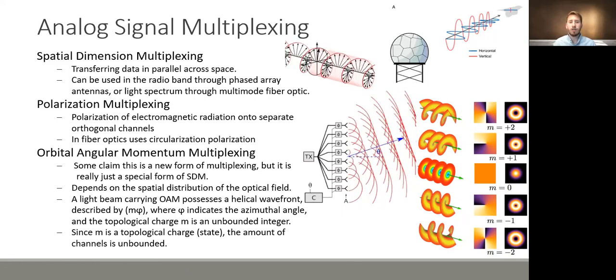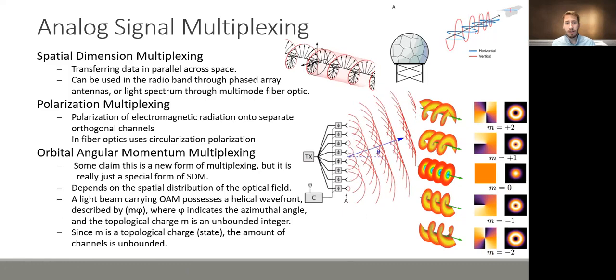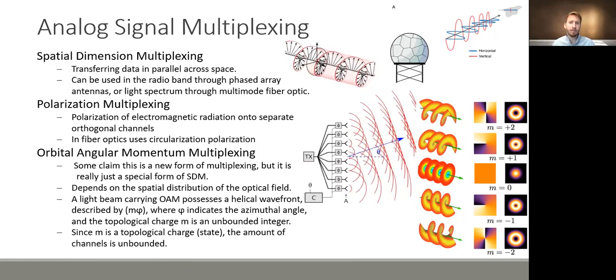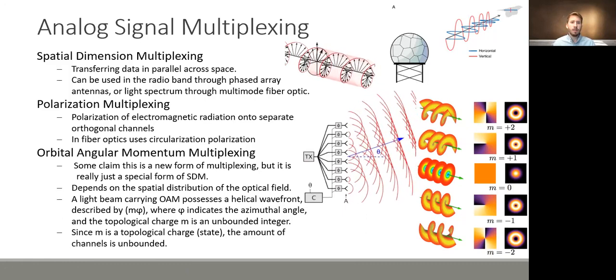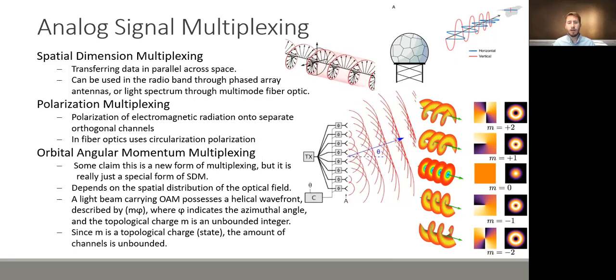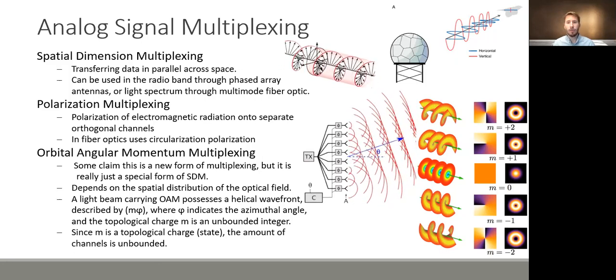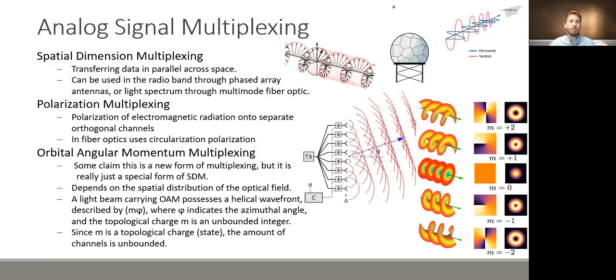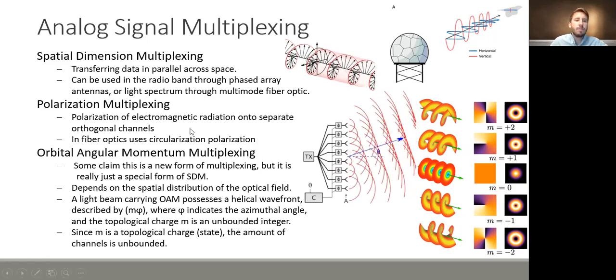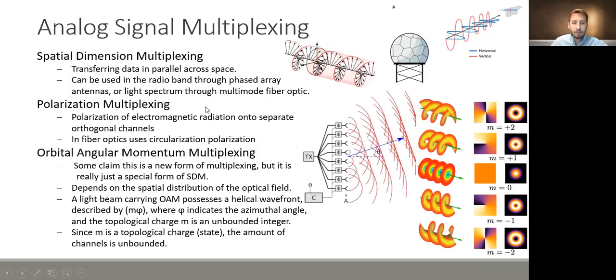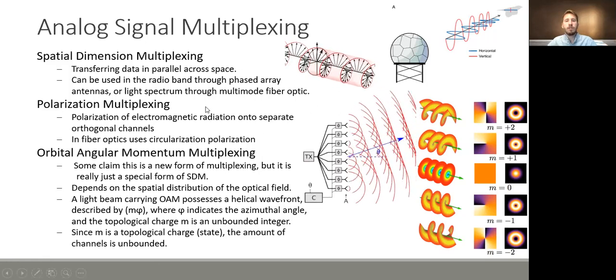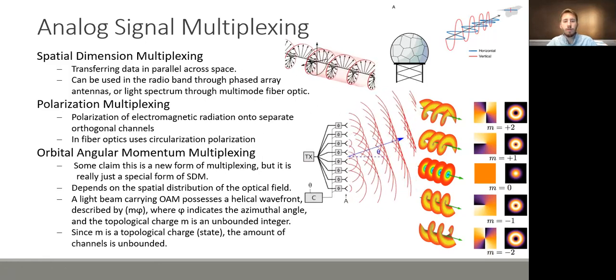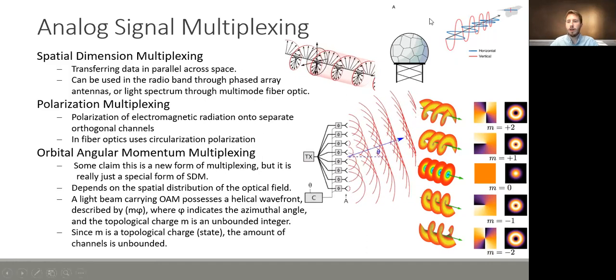Interesting. Some of these are used together. Basically, any way that we can transmit data using different physical phenomena as a means to encode that data is the whole method. The other is polarization multiplexing. Here you're really referring to electromagnetic radiation.